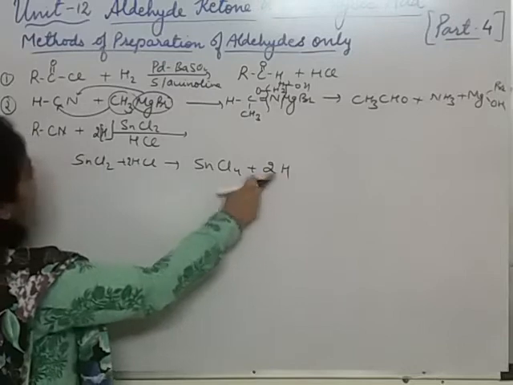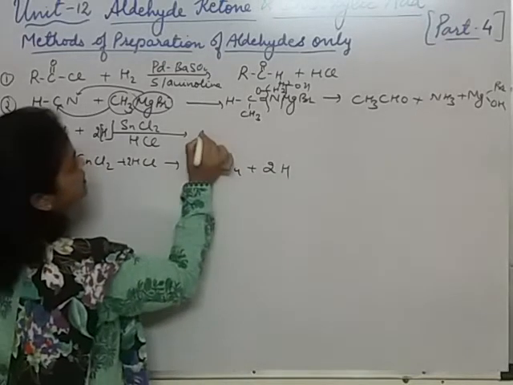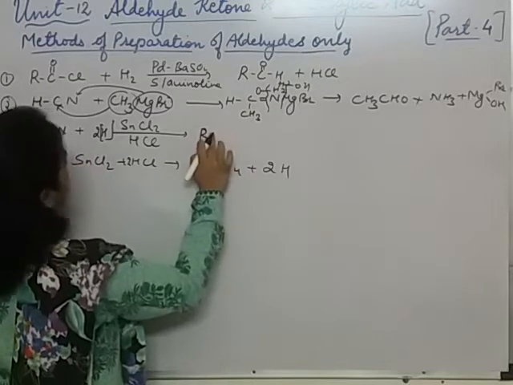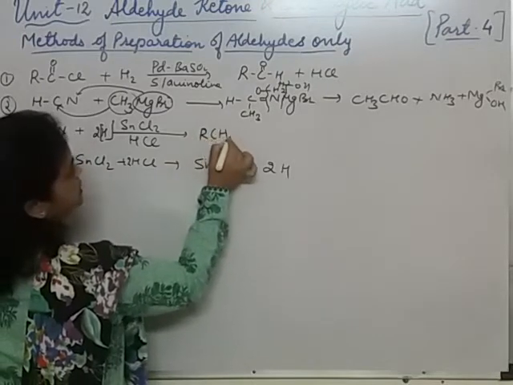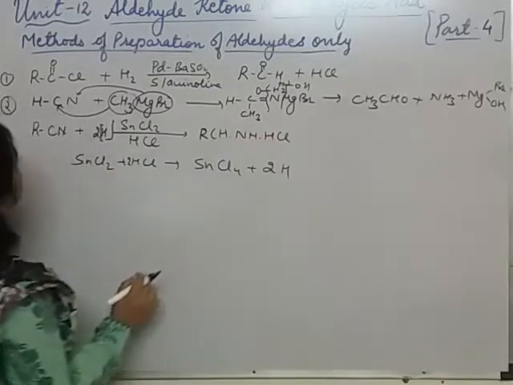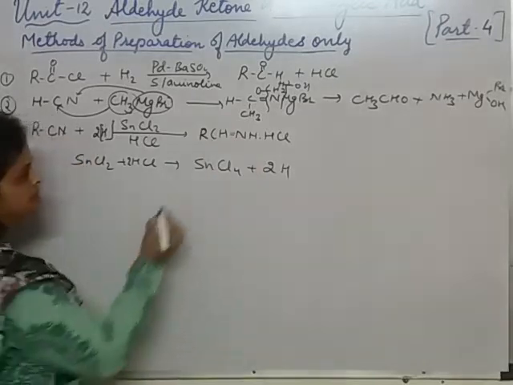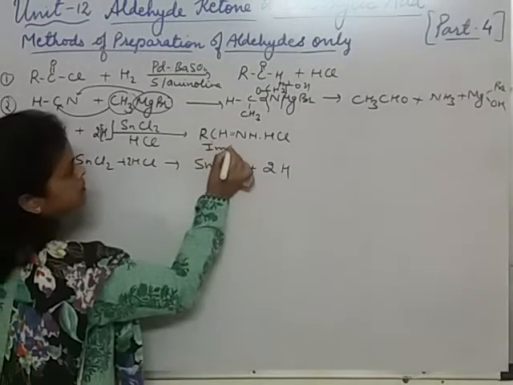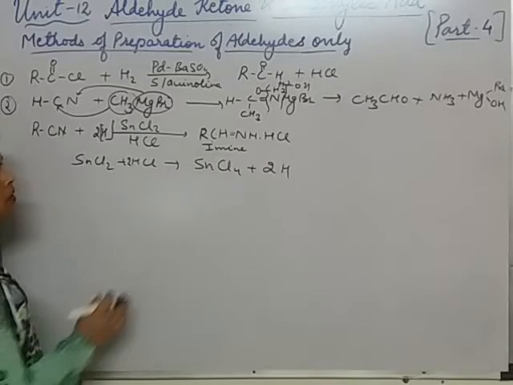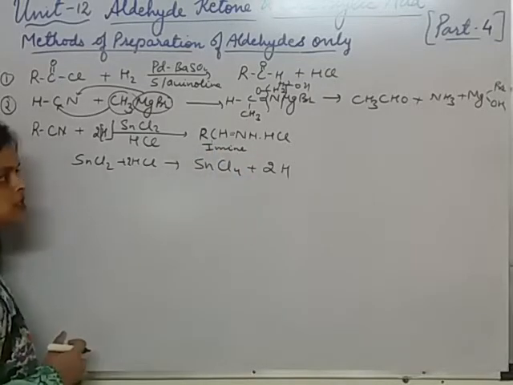Now these 2H bring about the reduction of the cyanide to form RCH=NH.HCl. So here the triple bond gets converted into a double bond, and this is called imine. Now this is the imine form where the CH double bond NH is formed.